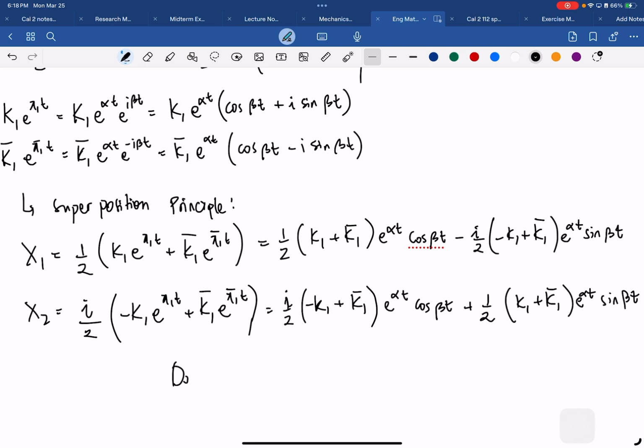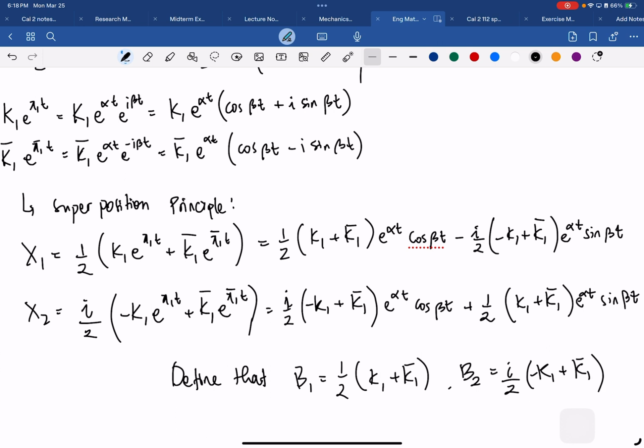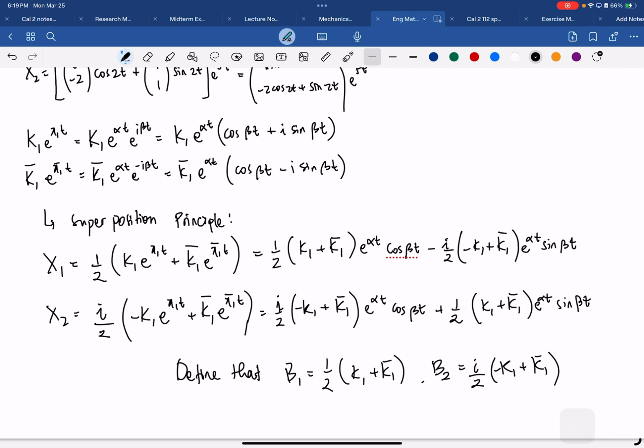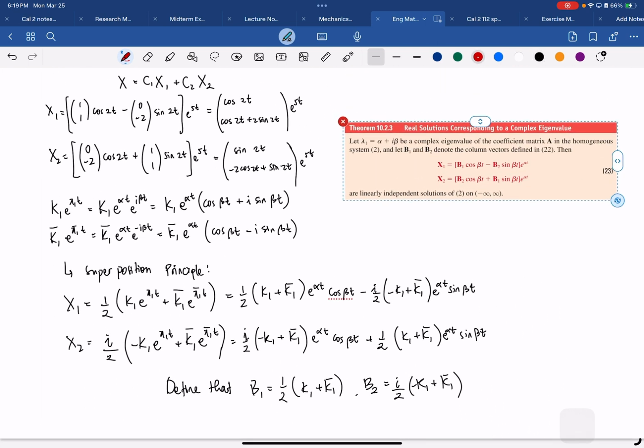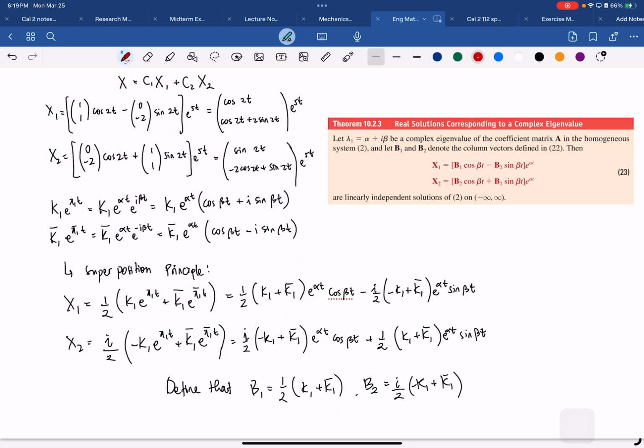And then define that we have B1 and B2 is this. Quite long and intimidating, right? But by the end, we could simplify the complex and remove all the imaginary numbers by taking the real solutions.